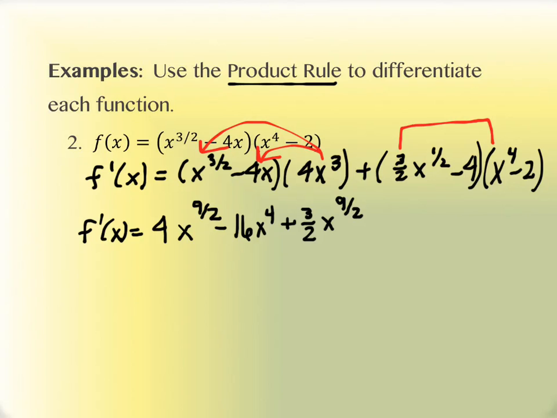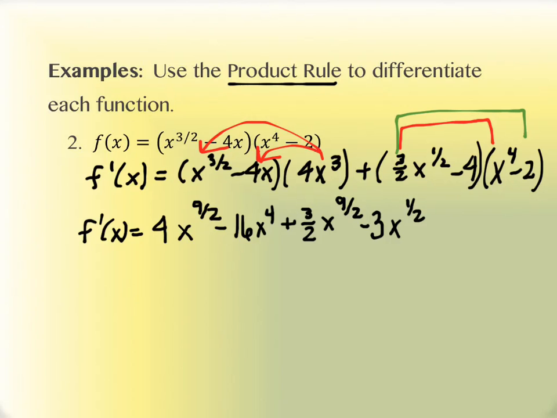My outer terms. So now I have 3 halves times x to the 1/2 times the negative 2. What's that going to give me? Negative 6 over 2, which is negative 3. And then x to what? X to the 1/2, right.